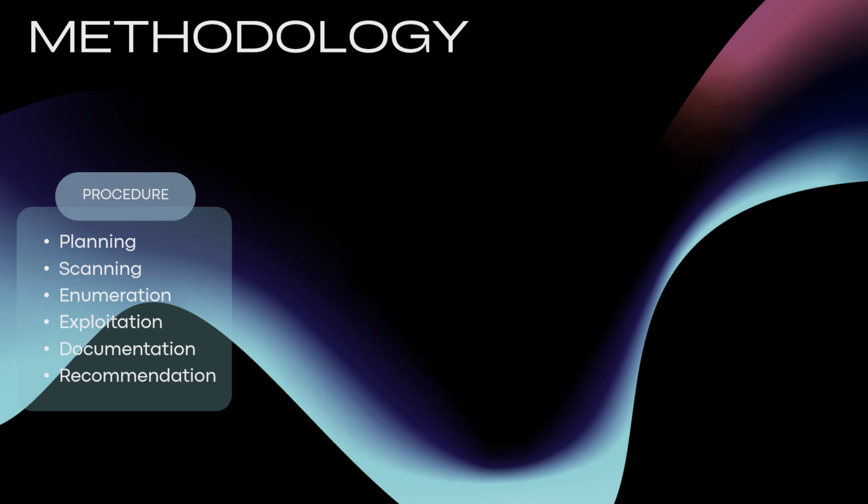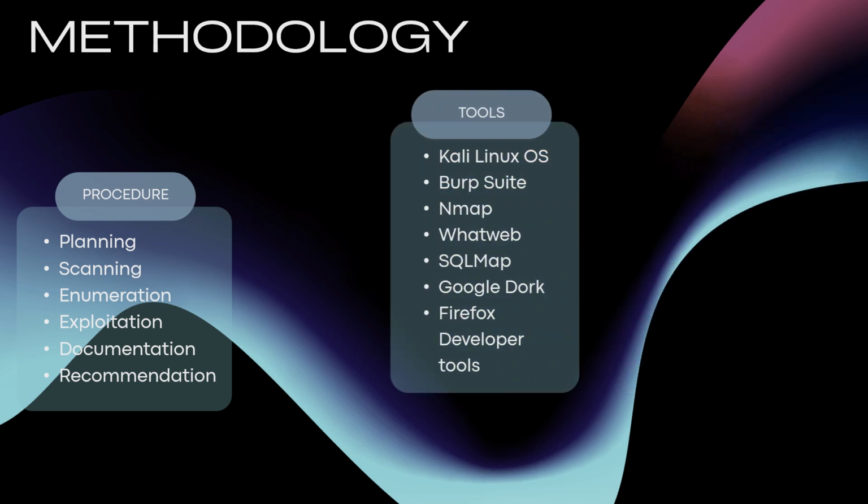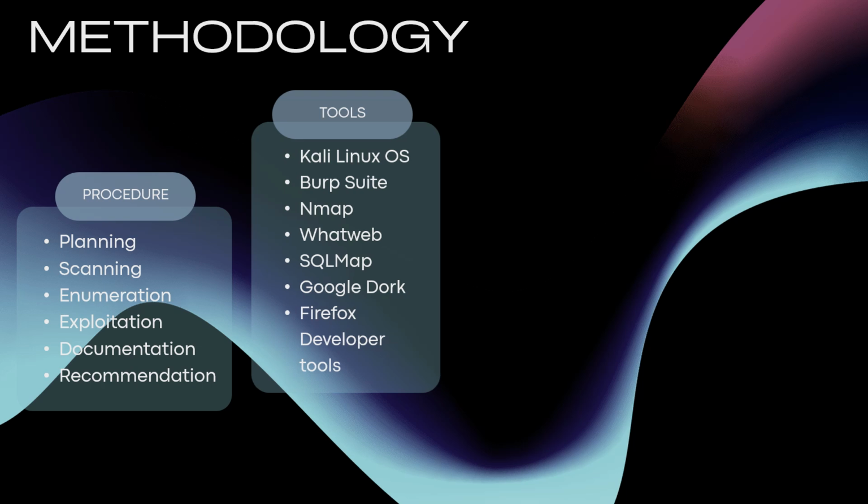Some of the tools that I used: this testing was done on a Kali Linux operating system, which was the testing environment, because there are a lot of tools that I could use that I didn't have to download or purchase. Kali Linux gives you that. I also used Burp Suite because that's for web app testing.